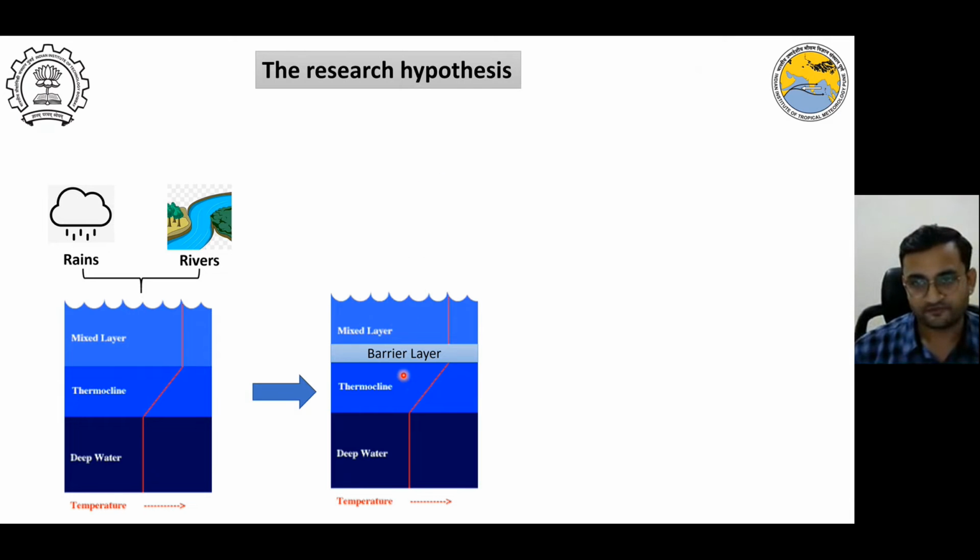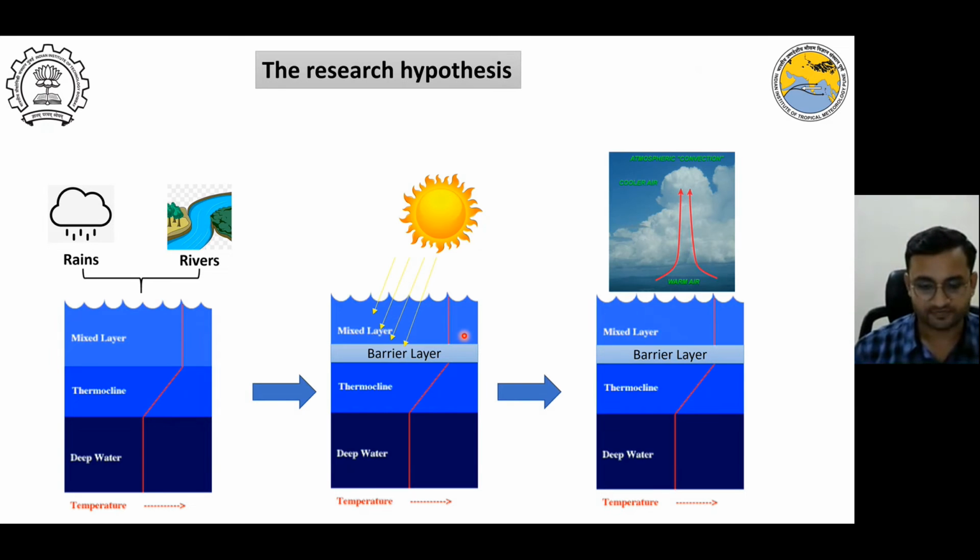Now consider if we heat this upper mixed layer due to the incoming solar radiation. It will lead to the warming of the sea surface temperatures and the mixed layer. And warm sea surface temperatures give rise to convection, which is nothing but vertical motion of air parcels containing moisture.